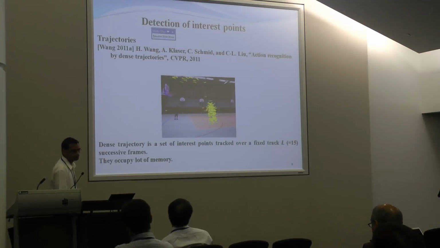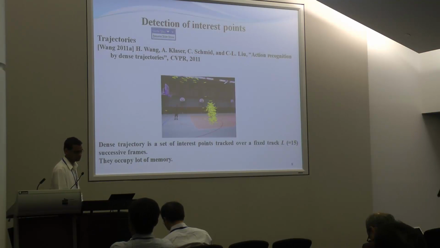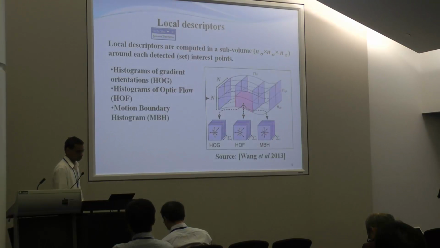A popular technique, which has been presented before me and many people have used, considers a sequence of interest points tracked for an extent of 15 successive frames. The local descriptors are computed around such interest points, which are detected by different techniques.